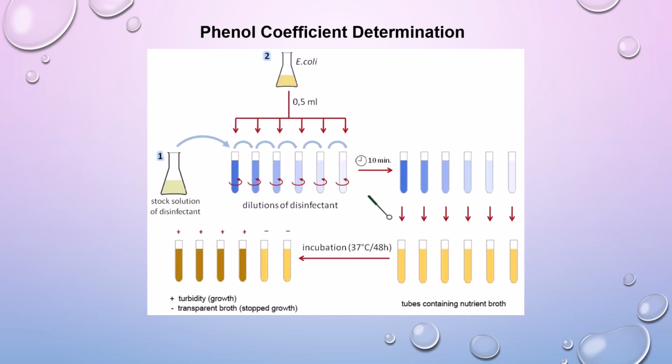The highest dilution of the test antimicrobial agent and phenol that effectively kills the test organism within 10 minutes but not within 5 minutes exposure are used to compare the phenol coefficient. The turbidity indicates growth and is labeled as positive, and no turbidity indicates that there is no growth and it is labeled as negative.